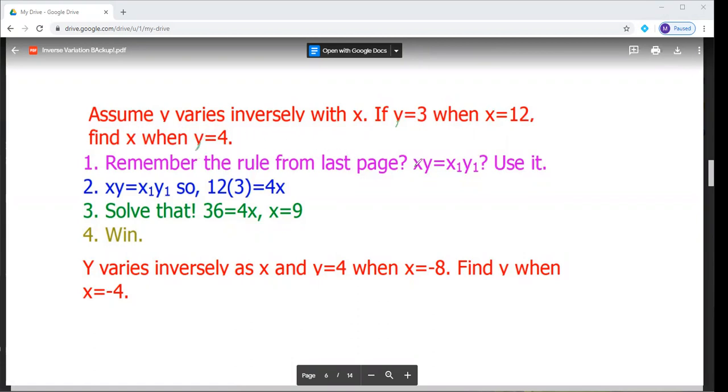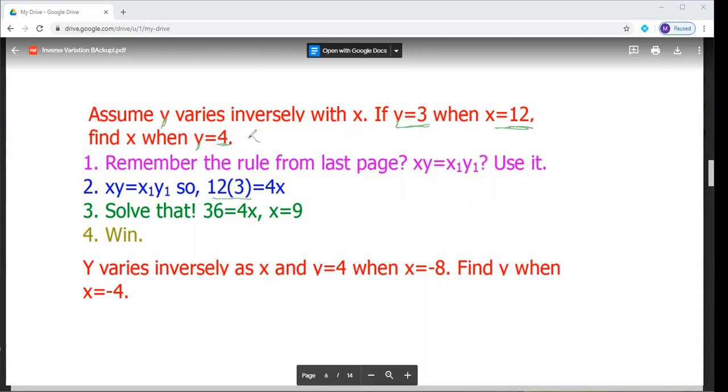Okay, the rule from the last page, we're going to use it. So we need to first find our inverse variation, okay? xy equals x1, y1, so 12 times 3, right, because they gave you 3 and 12. We're going to multiply our x and our y. 12 times 3 is equal to 4 times, we don't know.